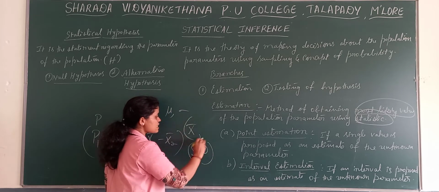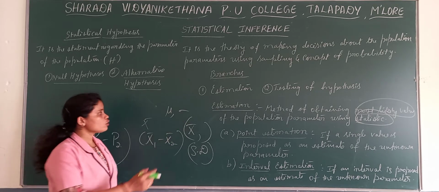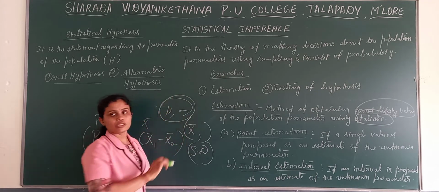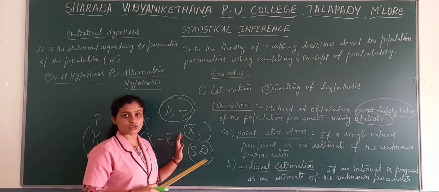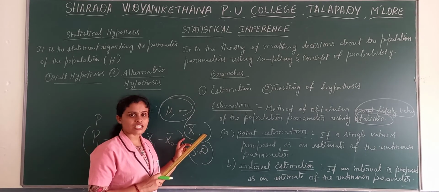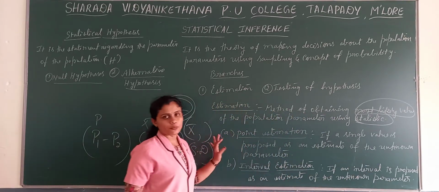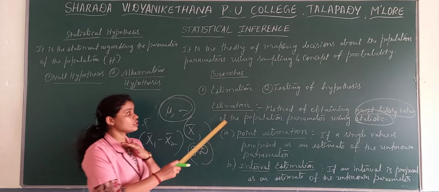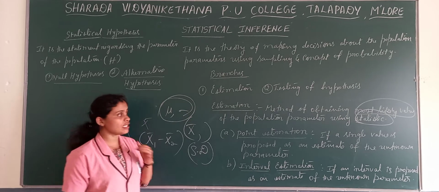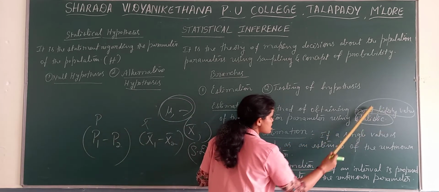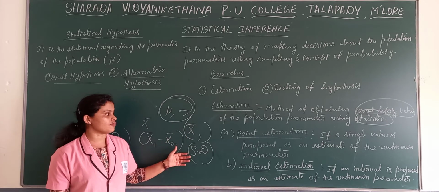These we call statistics. Mu and sigma are the parameters. In order to get the value of these two parameters, the functions we use are called statistics. Those functions are the mean, that is x bar, and the standard deviation. So it is a method of obtaining the most likely value of the unknown population parameter using a function called a statistic, that is the mean and standard deviation.